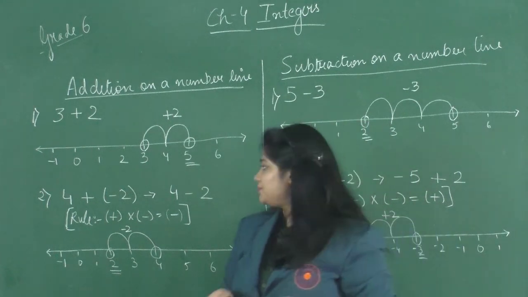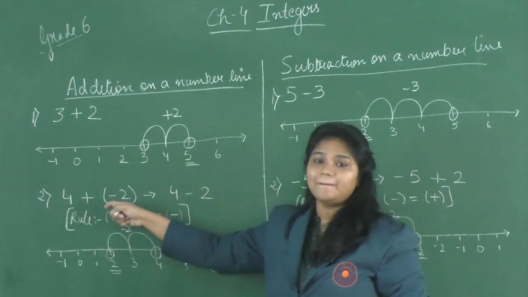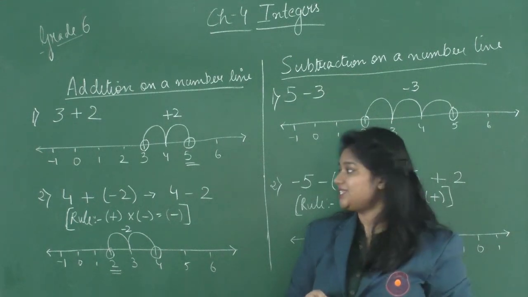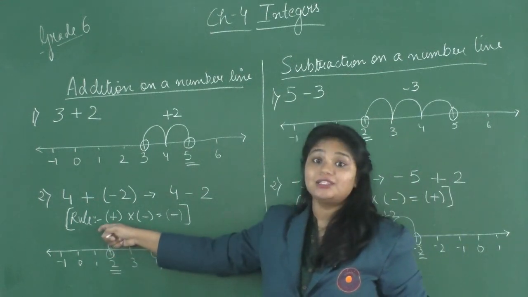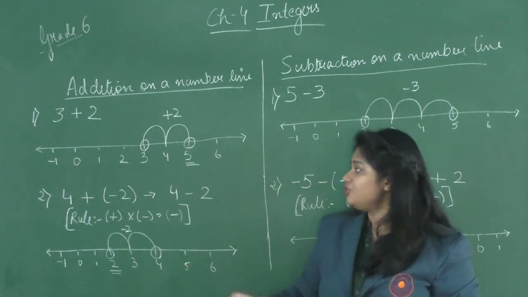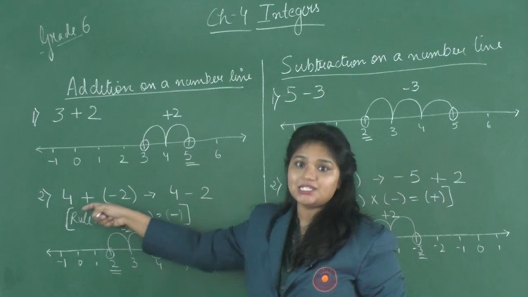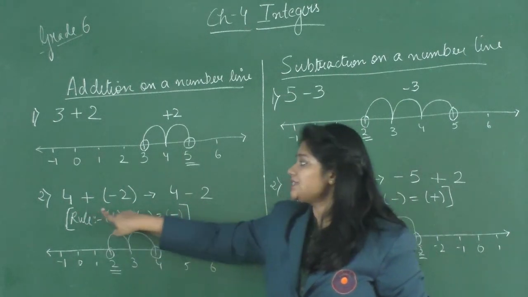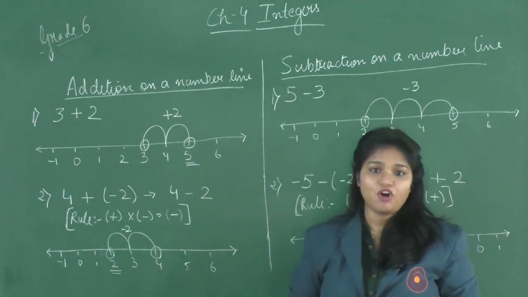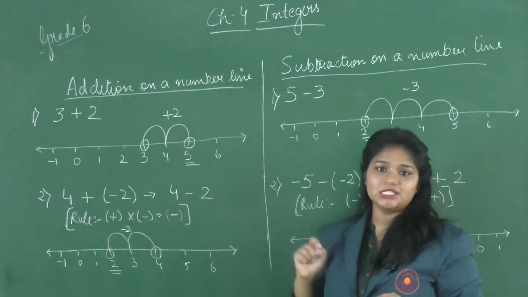The second example is 4 plus -2. So here we will be using the rule which says that plus, that is positive into negative, will give you negative. So here it is 4 plus -2. So plus and minus becomes minus. So now we will perform the operation with 4 minus 2.